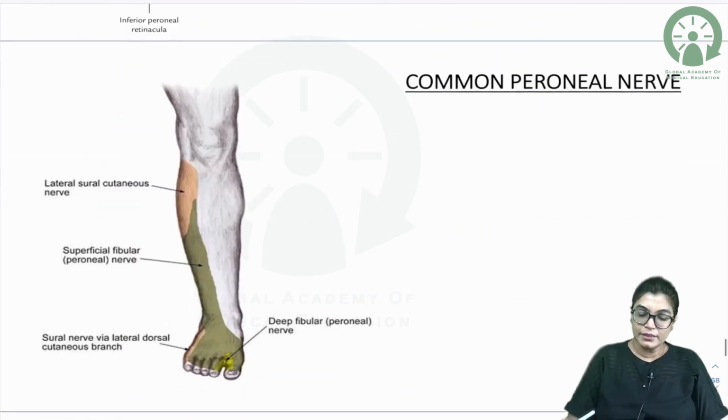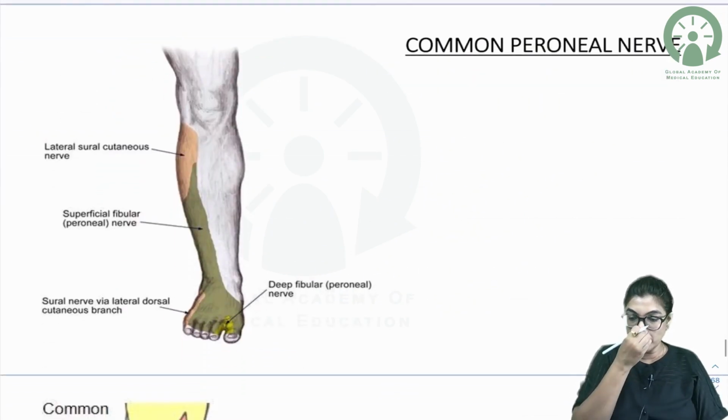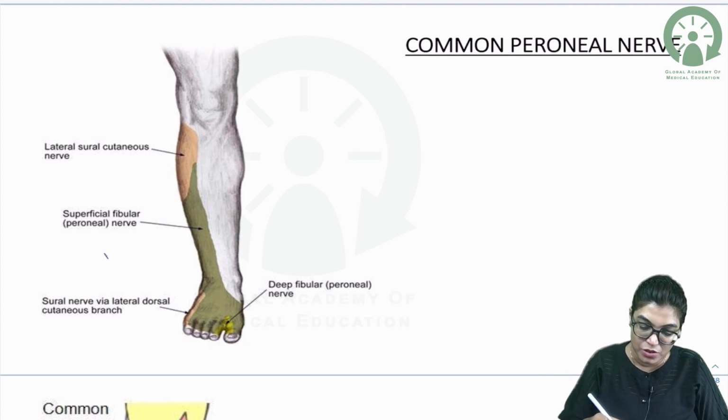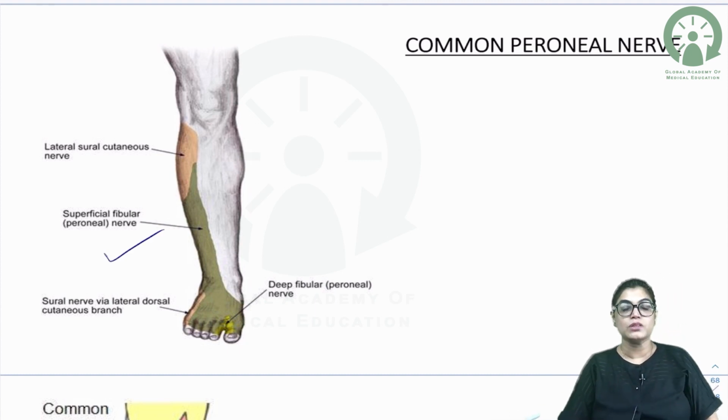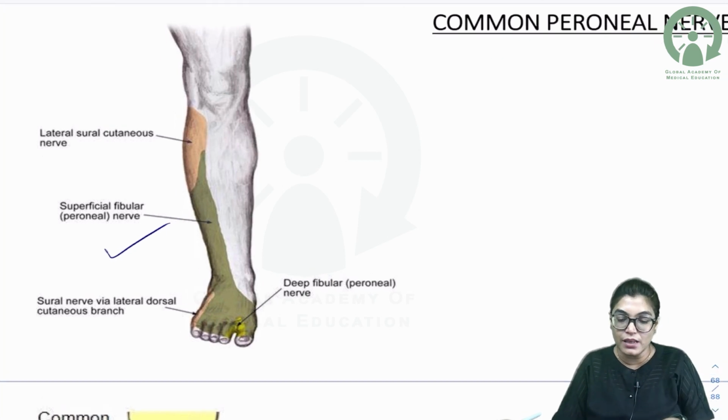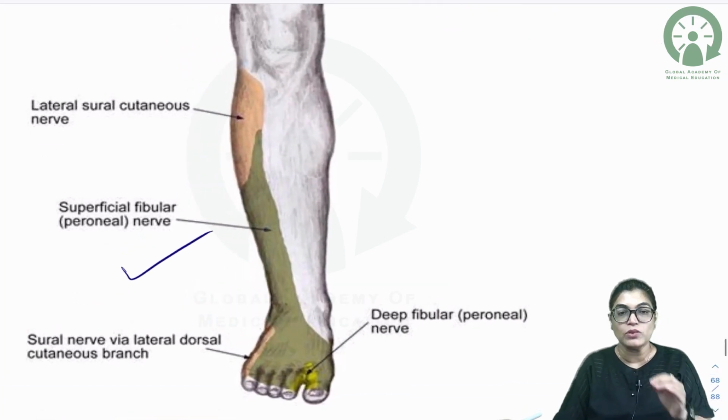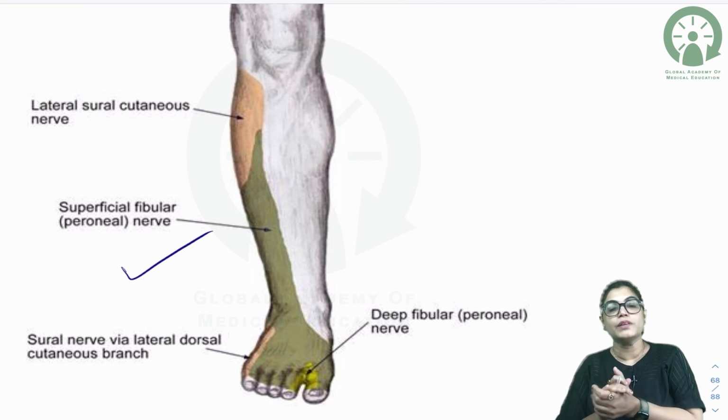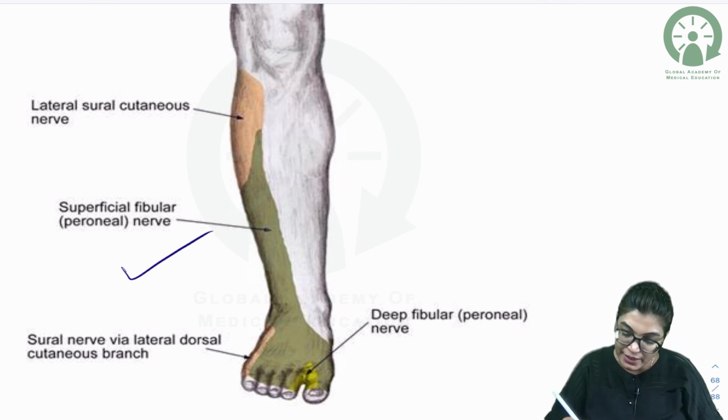Now, you can see this is the common peroneal nerve and this is the superficial peroneal nerve. You can see the cutaneous distribution. The superficial peroneal nerve gives distribution to more of the anterolateral part of the leg and the dorsum of the foot except the interdigital cleft.